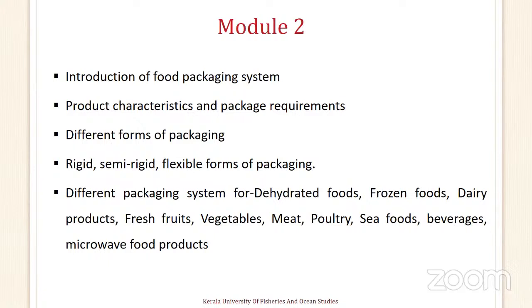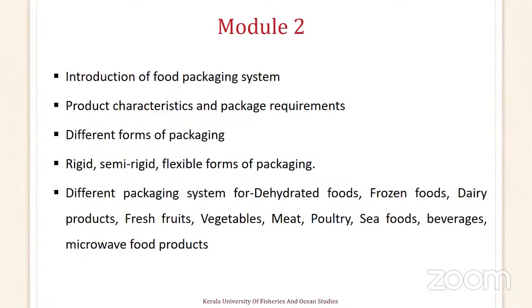For this, we have to be aware of product characteristics. It is not just the superficial product characteristics; we also need to know the intrinsic characteristics. For example, we have to know at the macromolecular and micromolecular level how these may change during transportation, handling, or storage, how important these parameters are from the nutritional angle, why we need to preserve them, and what role the packaging system plays in preserving.